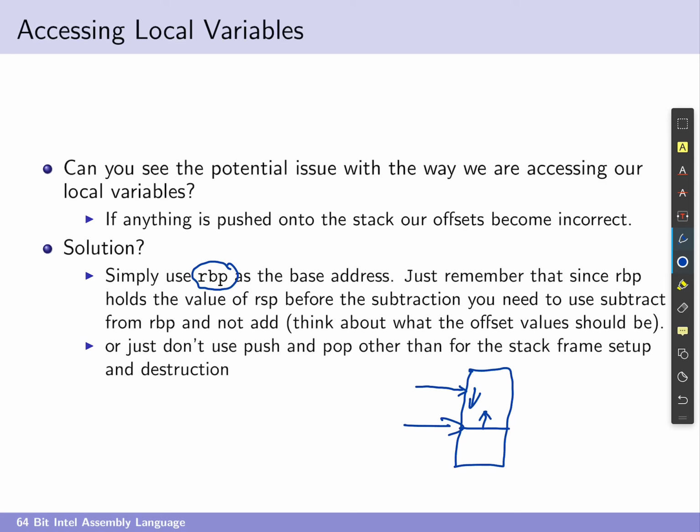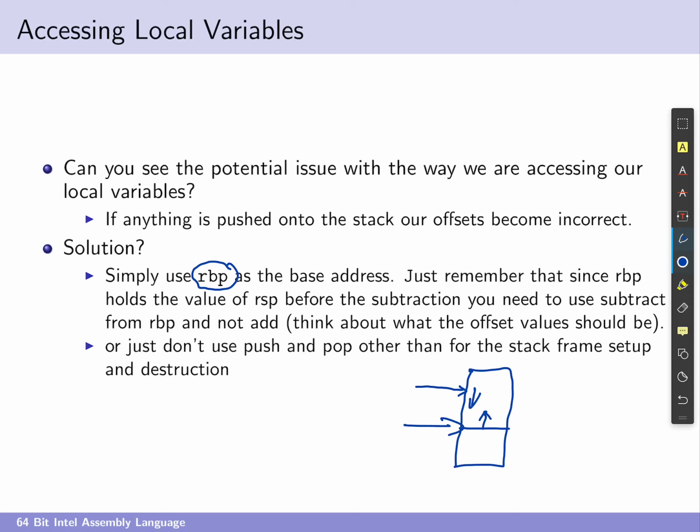Now, you'll see different programmers use one or the other approach. Now, you can use both. I actually rather recommend that you stick with using RSP for the sake of all our assessments and things like that. It's a bit clearer, but you will see the RBP approach being used. Now, the workaround or rule of thumb, such that you can still just use the RSP plus approach, is you just simply don't use push and pops other than the ones you needed for the stack frame setup and destruction.